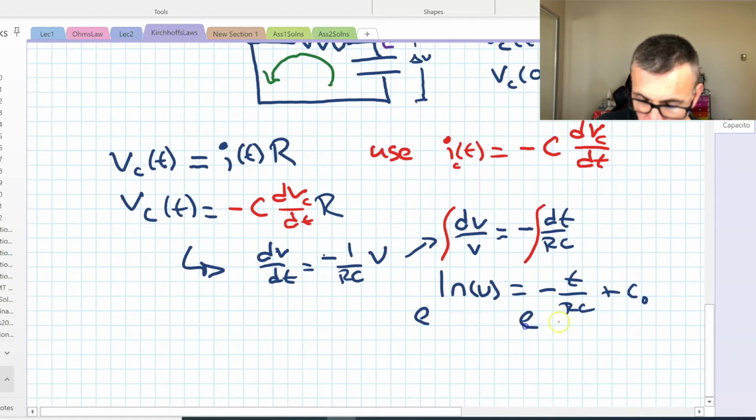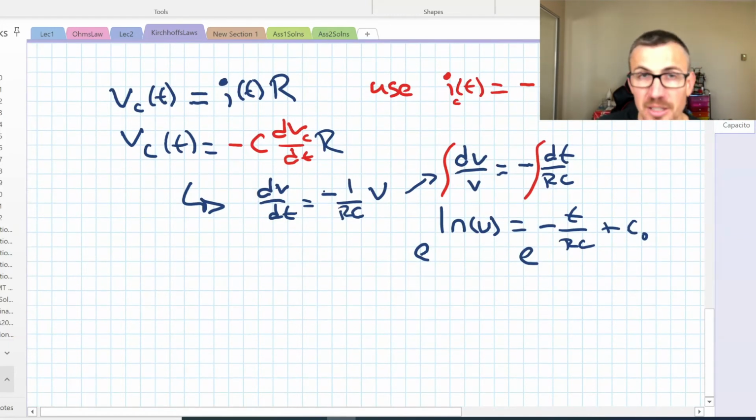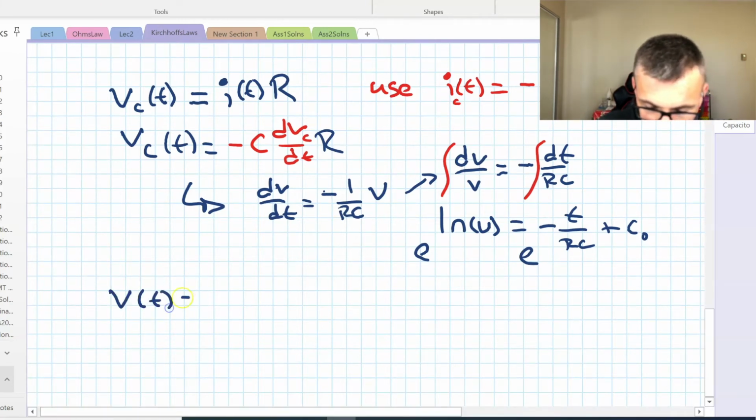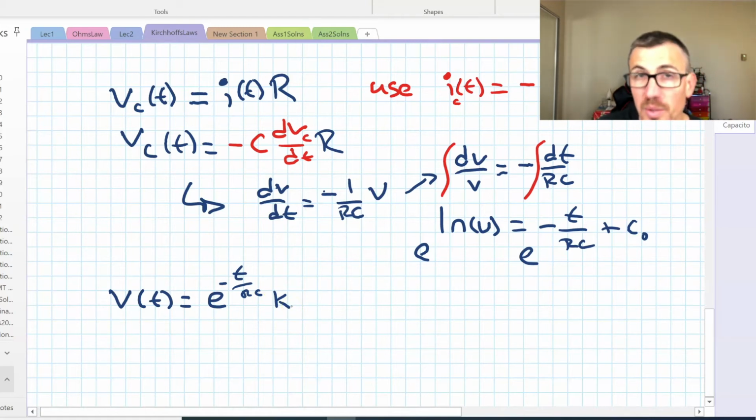We raise both sides to the power of e, and e to the ln V is just V of t, equal to e to the minus t over RC times e to the constant, and e to the constant is just some other constant. So we'll just call it K. And that's our solution to our differential equation.